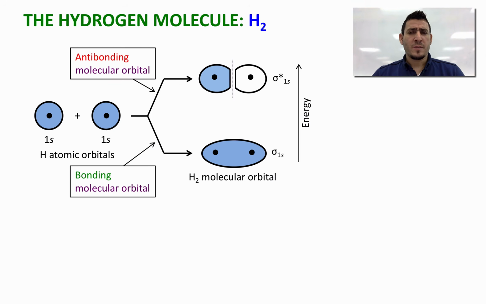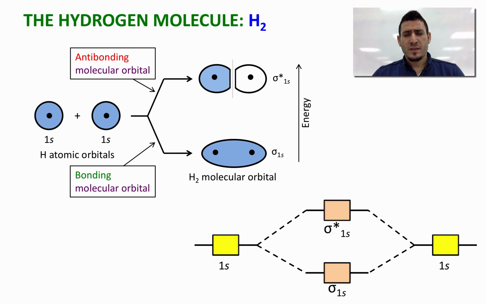Now, as you can see, the bonding molecular orbital is lower in energy than both atomic orbitals, and the anti-bonding molecular orbital is higher in energy than the atomic orbitals. We represent this scheme by squares like this, where we have the 1s atomic orbitals, and for the molecular orbitals, we call them sigma 1s, and for the anti-bonding, we call it sigma star 1s.